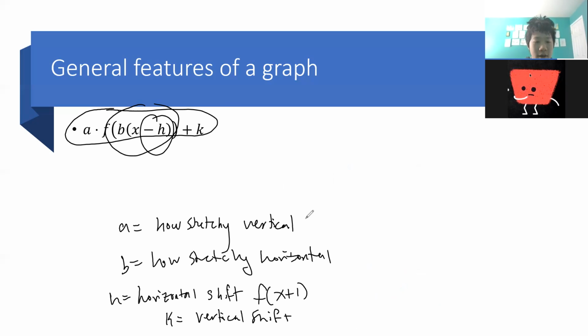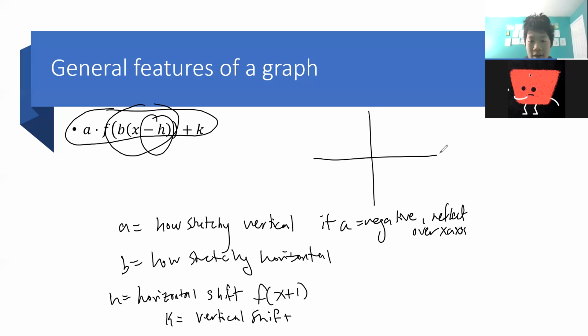So another thing is, what happens if a and b are negative? If a is negative, you reflect the graph over the x-axis. You reflect in the vertical direction.